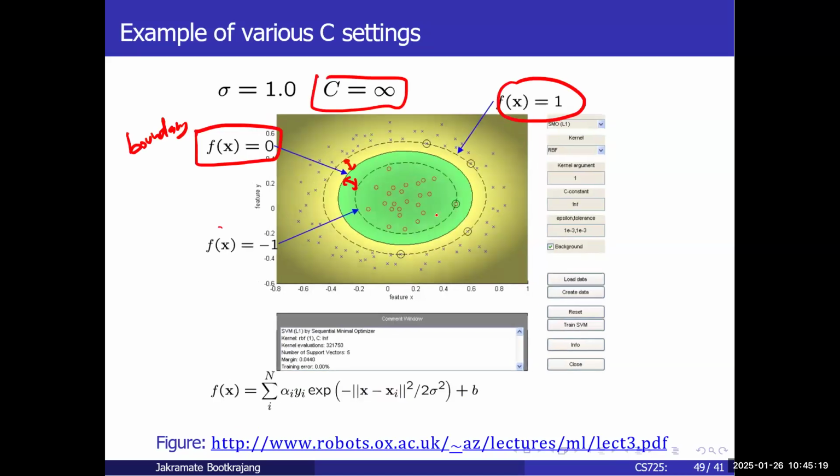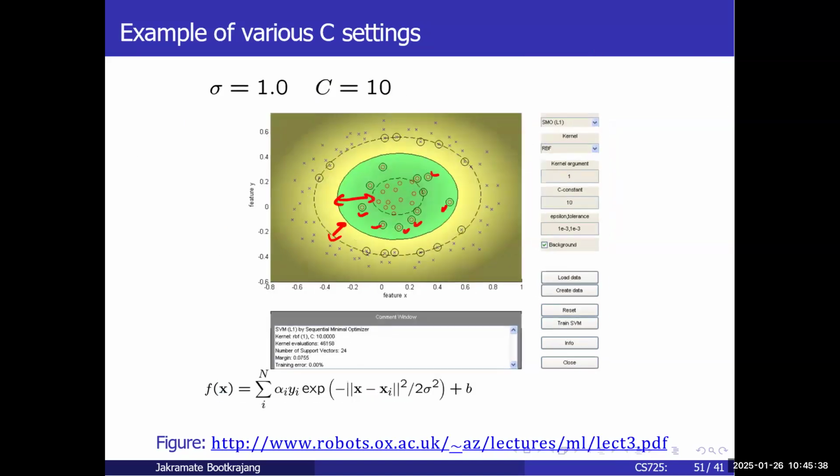At C infinity, you want near perfect accuracy on the training data. And then as C goes lower, you have a larger margin, but you allow some of the wrong predictions.